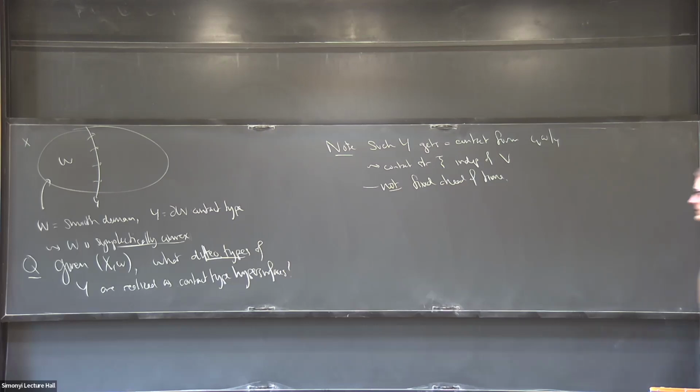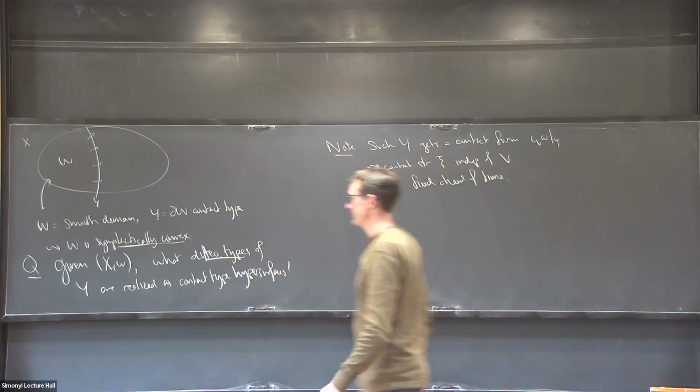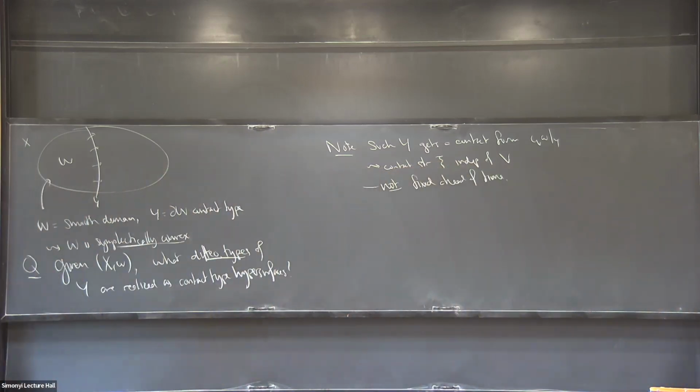And being a low-dimensional topologist, I said that we're in a 2n manifold, but basically for the rest of the talk, I'm going to focus on 4-manifolds with 3-dimensional submanifolds.